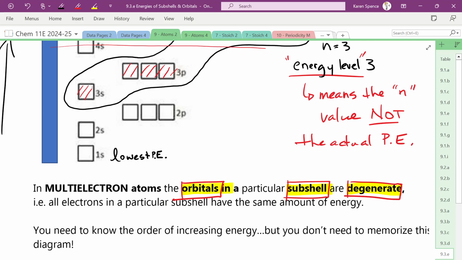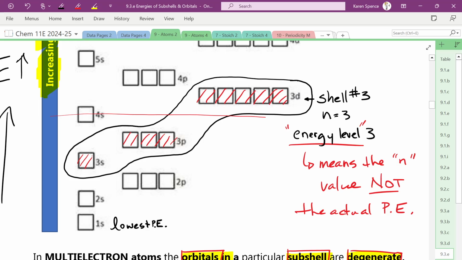Because when an electron has a choice, where is your first electron going to go? It's going to go in the 1s. Where's the second electron going to go? In the 1s, until you've filled up the 1s, and then the third one, and then the fourth one, and then the fifth. Where does the sixth one go? 1, 2, 3, 4, 5, 6, 7, and they all point the same direction until we start doubling up, and then they have to point opposite directions.